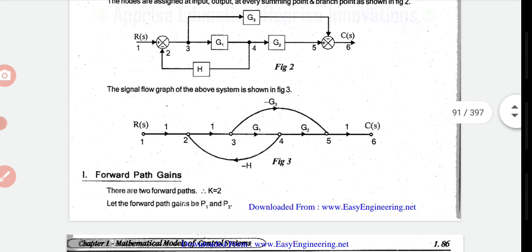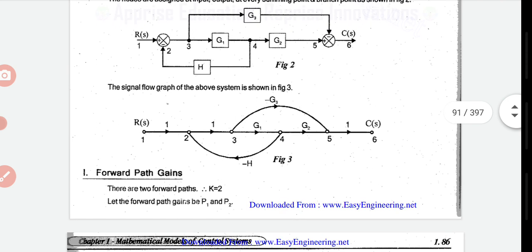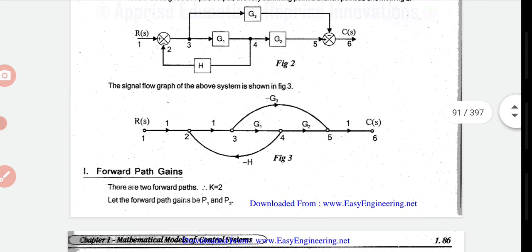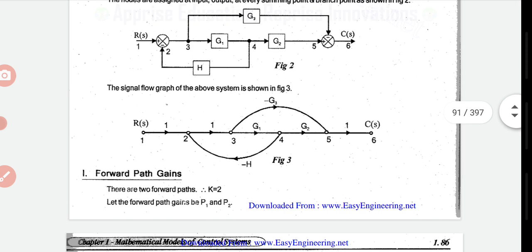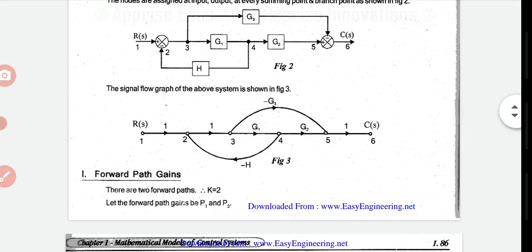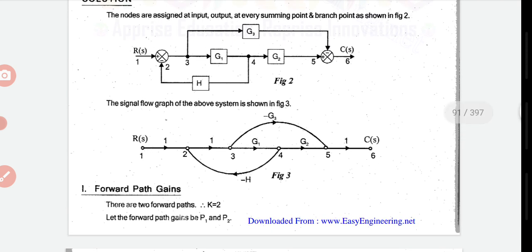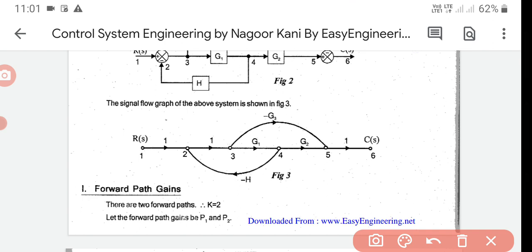Then between the third node and the fourth node, what is the value? We have the gain value G1. So between 3 and 4 we have a gain of G1, which should be represented on the arrow mark in the signal flow graph.